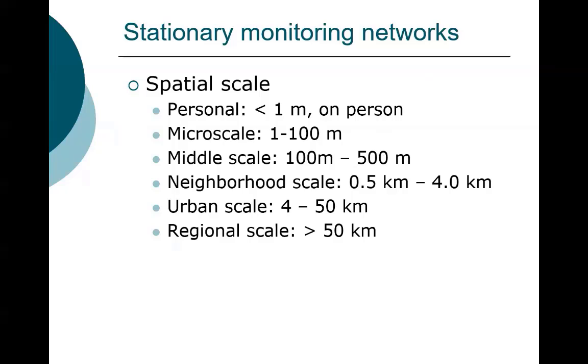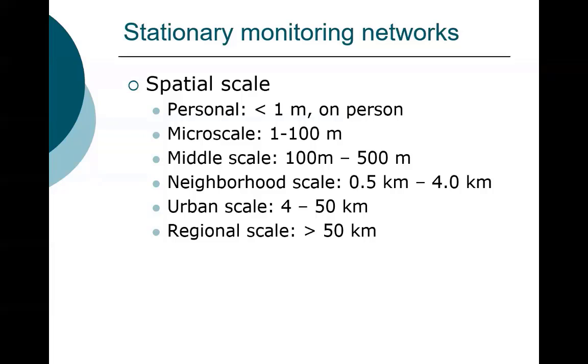How we set up the monitoring stations really depends on what information we wish to gain. So for instance, if you're looking at that personal cloud, you're going to use personal monitoring devices, and you're going to measure in the breathing zone of the particular person.